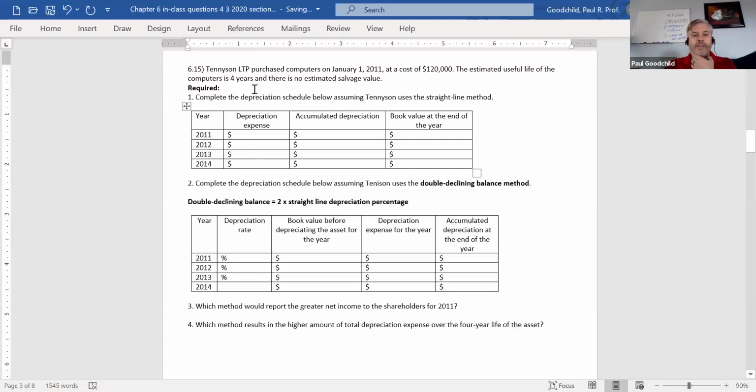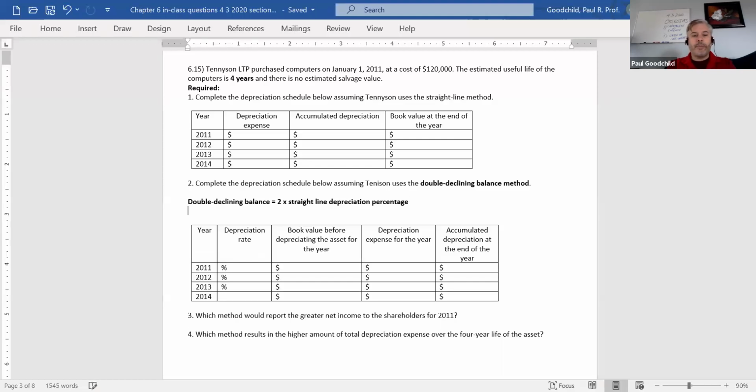And so it tells us that it's a 4-year useful life, then there's no estimated salvage value. So that helps us with knowing in that last year, we don't have to subtract anything out. We're just going to take the remaining depreciation. So we have 100% divided by 4 years, and that tells us the straight line depreciation rate is 25%.